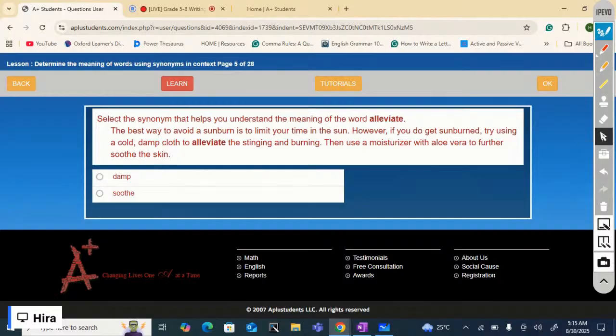Then use a moisturizer with aloe vera to further soothe the skin. Now, you can select the synonym that helps you understand the meaning of the word alleviate.